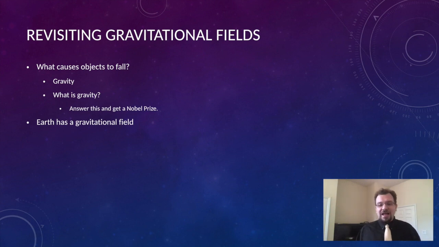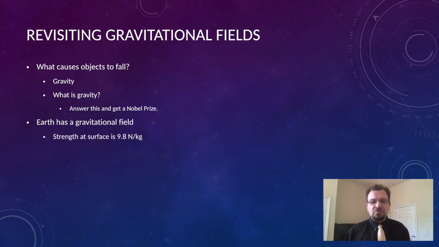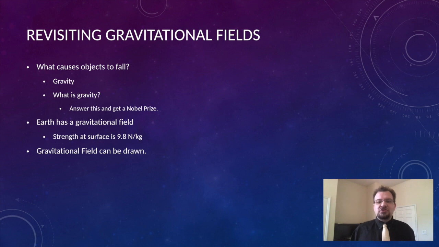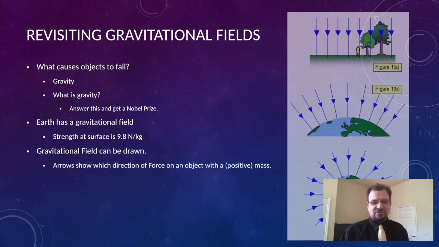So Earth has a gravitational field. We know this because we can watch objects fall, and also we have done problems with that in the past, because we know that the strength of Earth's gravitational field is given by 9.8 newtons per kilogram. One thing that we can also do is draw gravitational fields.